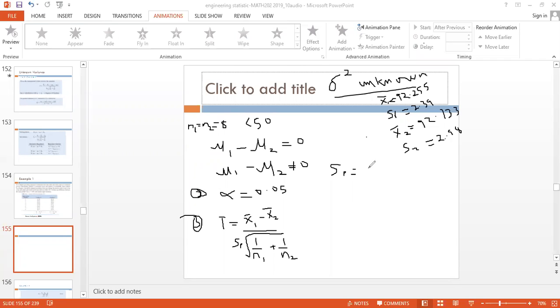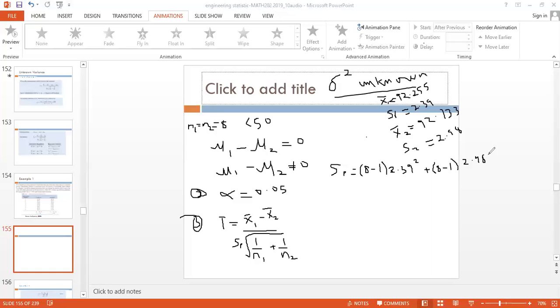So we know n1 is 8 minus 1, which is 7, times s1 squared, which will be 2.39 squared, plus 8 minus 1 times your s2, which is 2.98 squared.